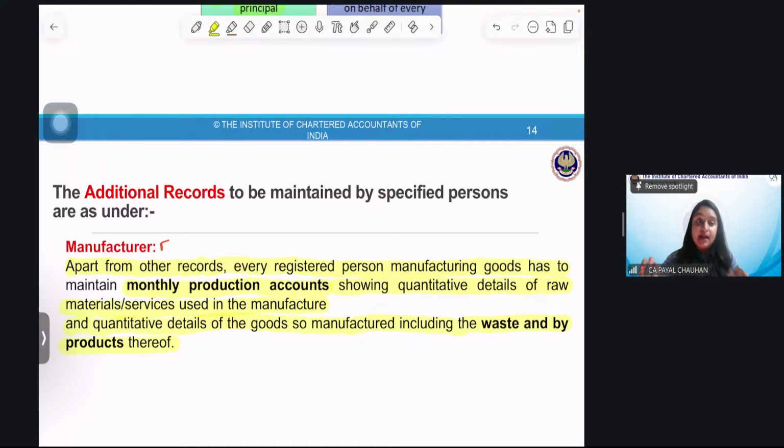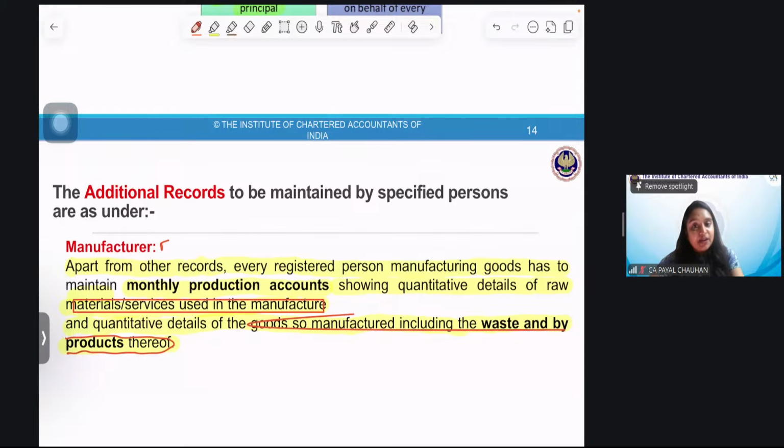Other than that, you have to prepare a monthly production account in which you give two quantitative details. The first is the material and the service used in the manufacture, and the last is the goods so manufactured, including the waste and the byproduct thereof. Did you people understand?